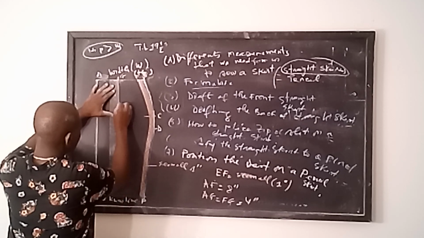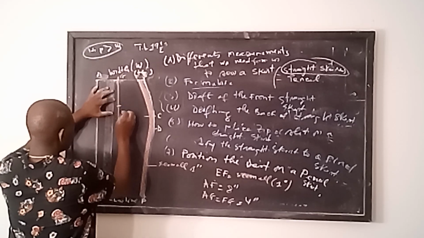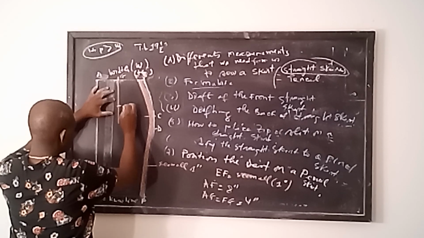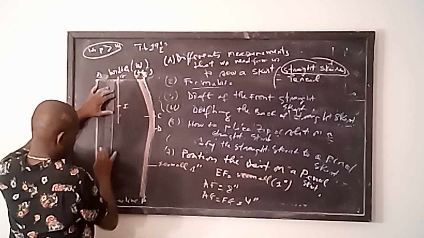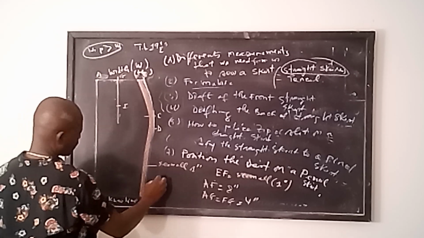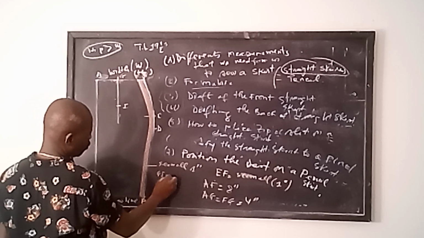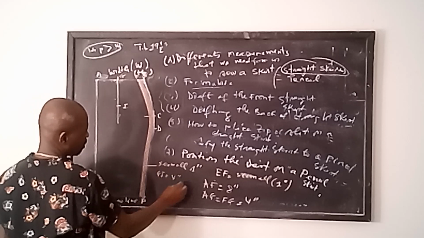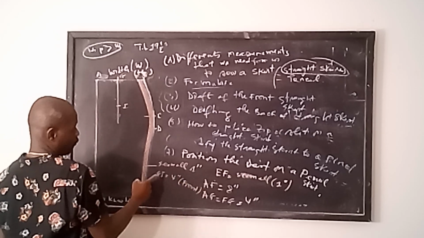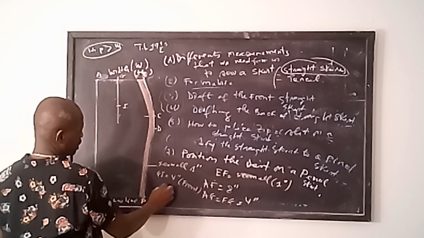We're not gonna go there. So let's put it here. Let's call this point I. Then I'm gonna write it here: G and I equal 4 inches from the front.